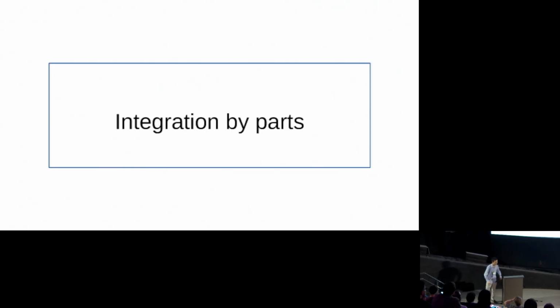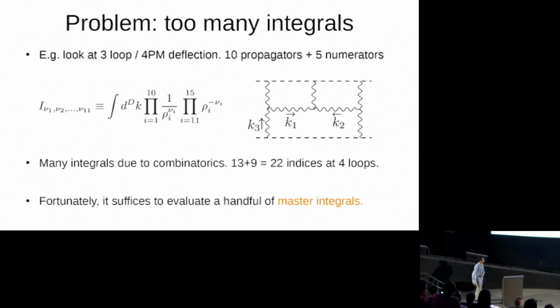Now I move on to the second part of the talk, which is integration by parts. So the basic problem is that the kind of Feynman integrals you write down have many propagators and can have many SPs or irreducible numerators. At 3 loops, you get 15 indices, and each index can be different integers.